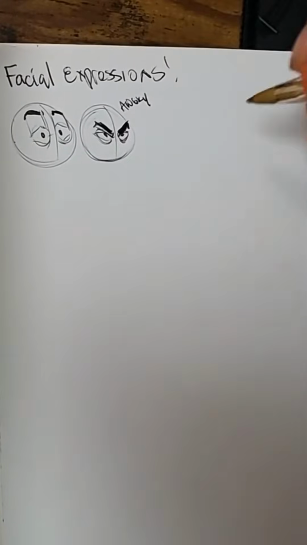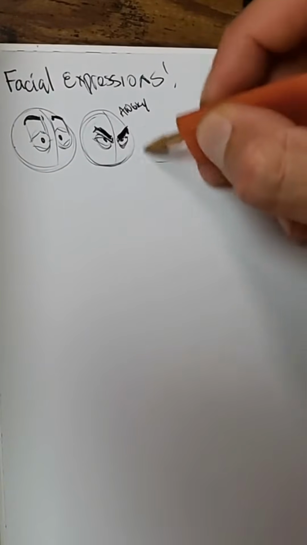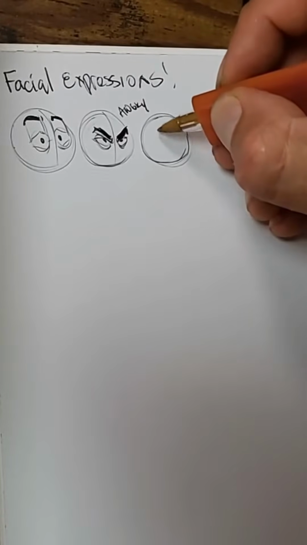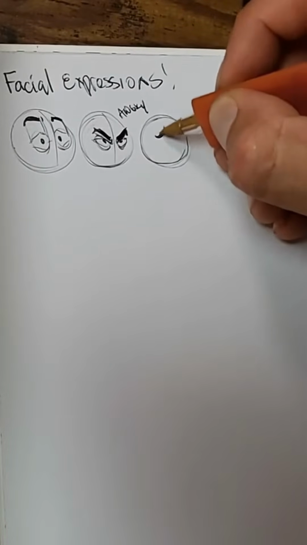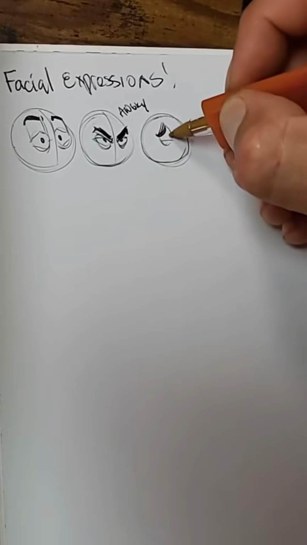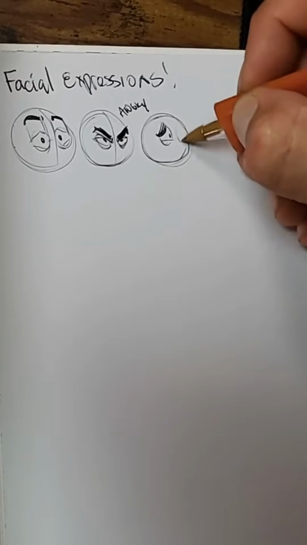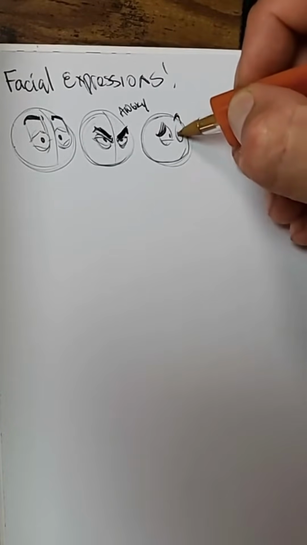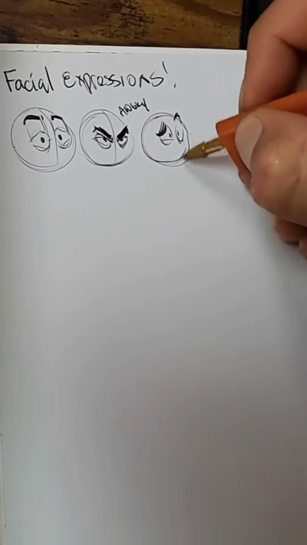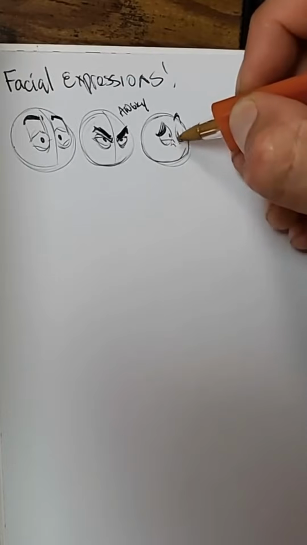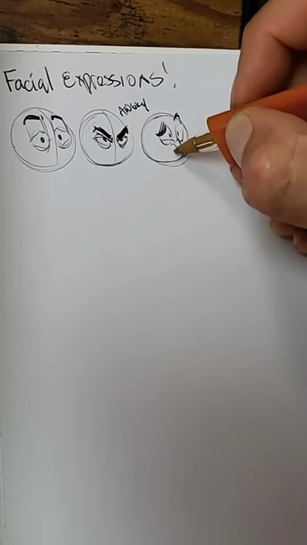So disgust. Okay, disgust is an interesting one. For disgust, you have to play with eyebrows. You have to bring eyebrows down, you need to bring eyelid up, and you have to alternate your eyelids. So you have to have one open, one closed, some distress marks, and maybe a nose expression, like gross.